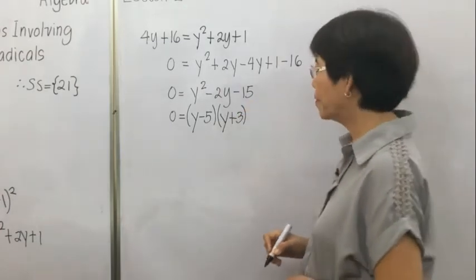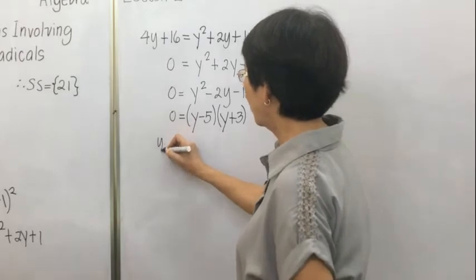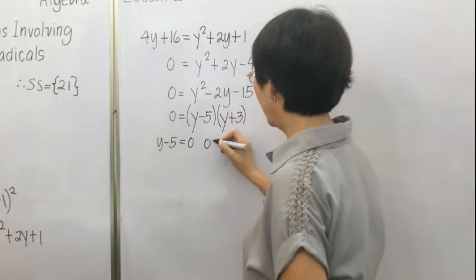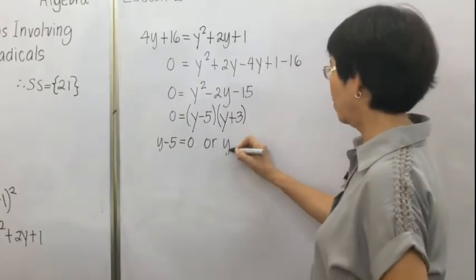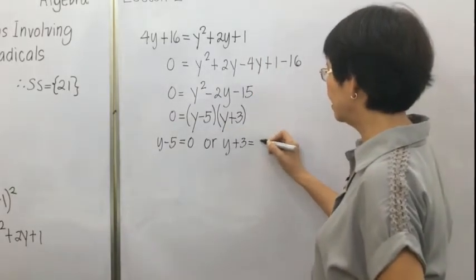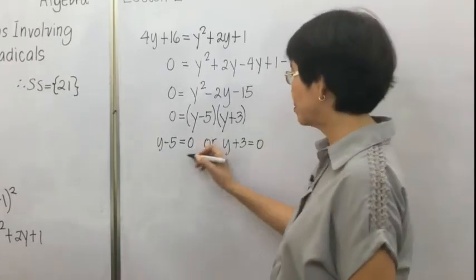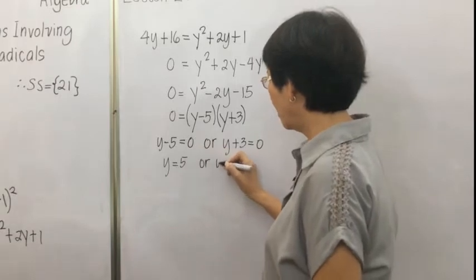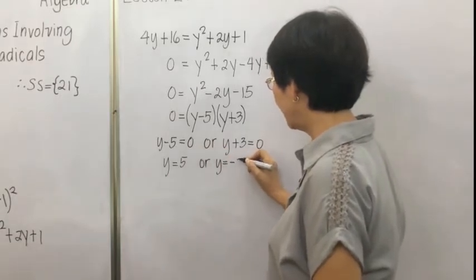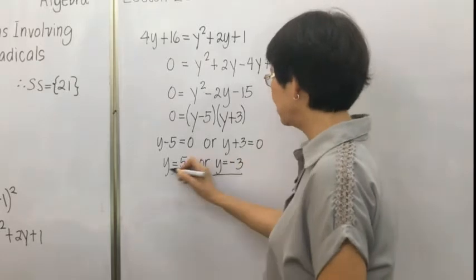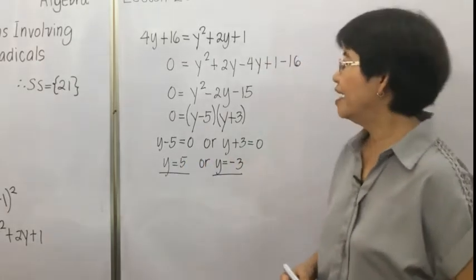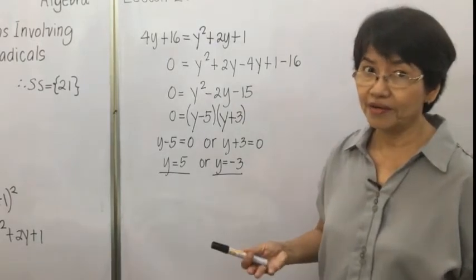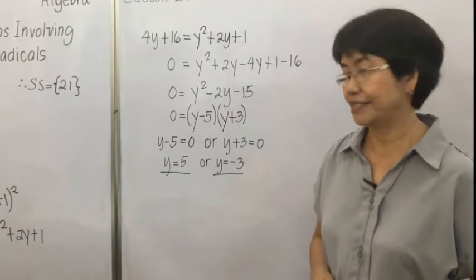So, solving for the value of y, we have y minus 5 equals 0 or y plus 3 equals 0. Therefore, y is equal to 5 or y is equal to negative 3. These values should be checked against the original equation before we finally decide the solution set.